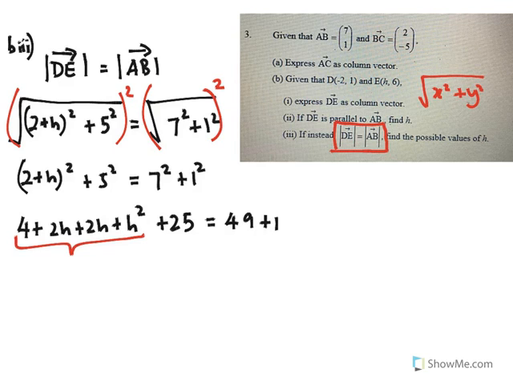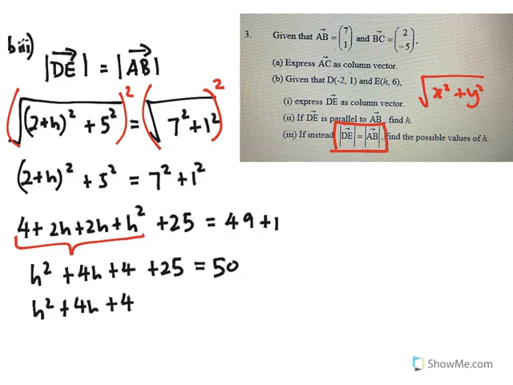So what you can do now is simplify, and you will get h squared plus 4h plus 4 plus 25 equals 50. Alright, now start bringing everything over to the other side, and you should end up getting h squared plus 4h plus 4 plus 25 minus 50 equals 0. So simplify this. Alright, you should get h squared plus 4h minus 21 equals 0.